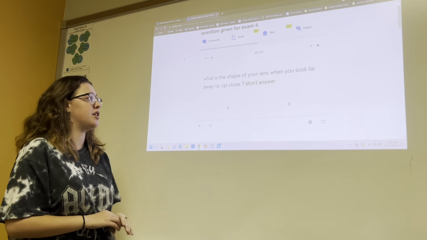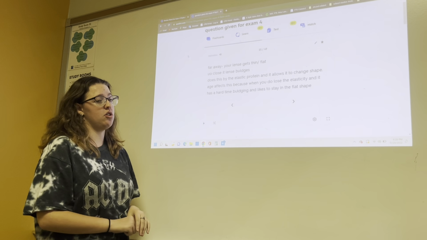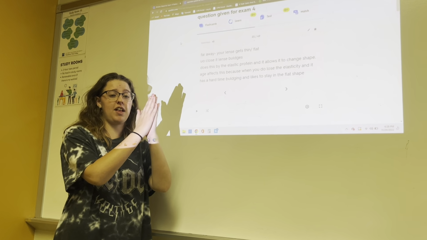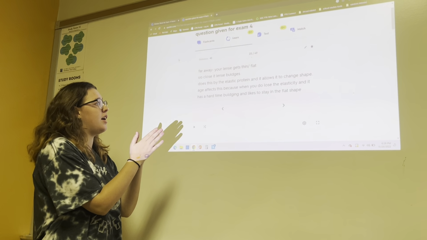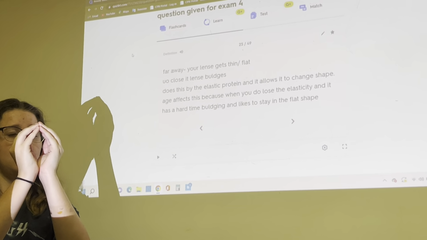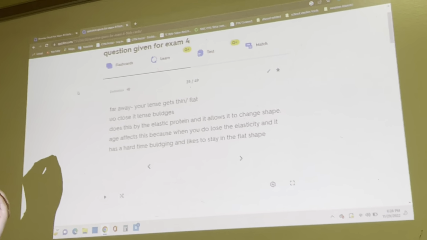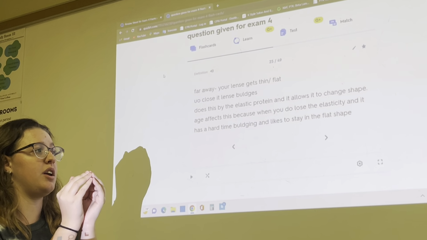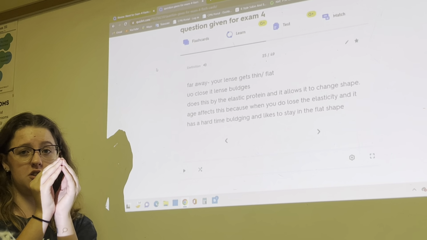Alright, what is the shape of your lens when you look far away versus up close? This is going to be a short answer. When you're looking far away from you, your lens is going to get thin or flatter. When you're looking up close, it's going to get bulged, kind of like this. Over time, the elasticity protein in your body starts to break down when you get older, and it will change the shape of your lens.